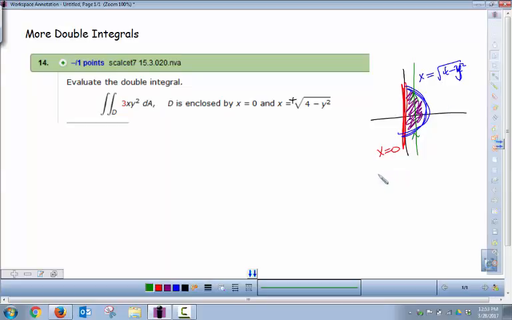Integrating with respect to y first is too difficult. It's not impossible, you can do it, but it's too difficult, so we'll do it with respect to x first.